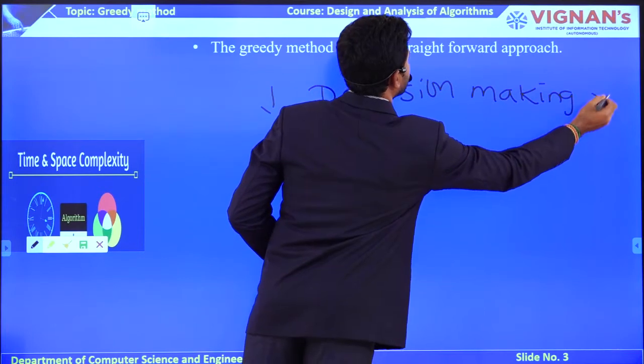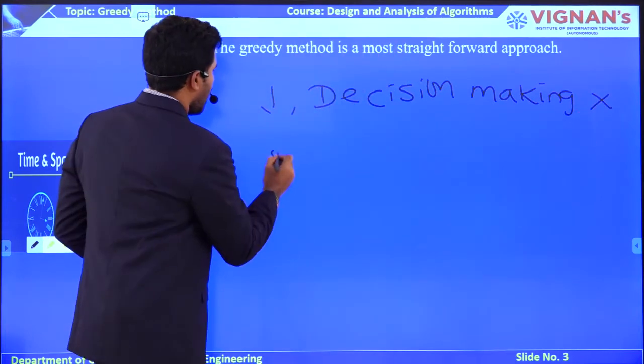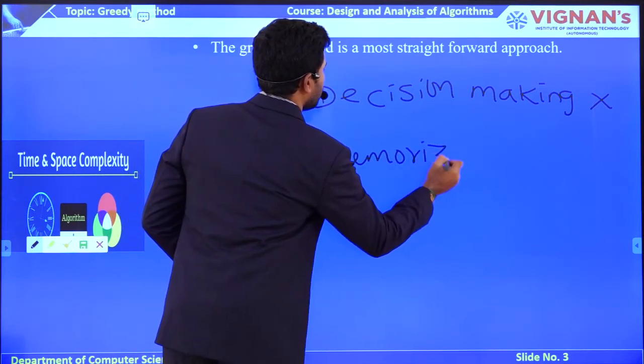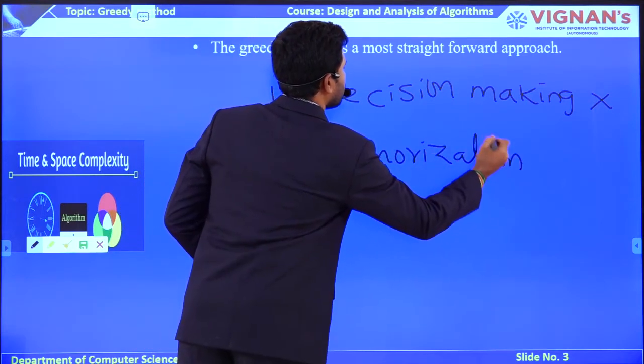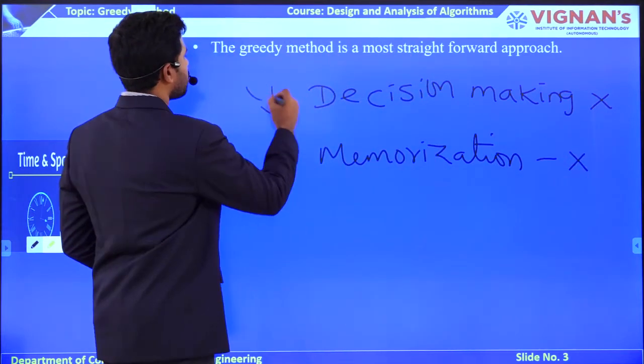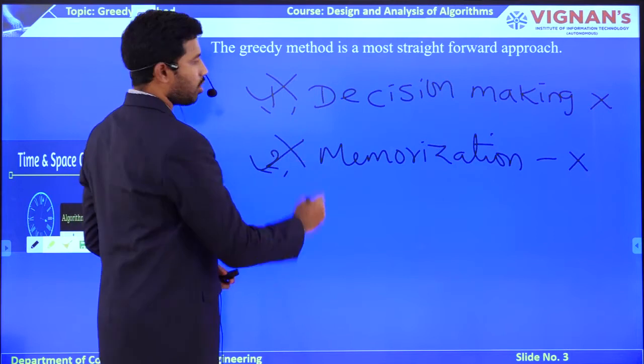So decision making is not possible through divide and conquer technique, as well as memorization. Memorization is also not possible through divide and conquer technique. These two features are not available in divide and conquer technique.